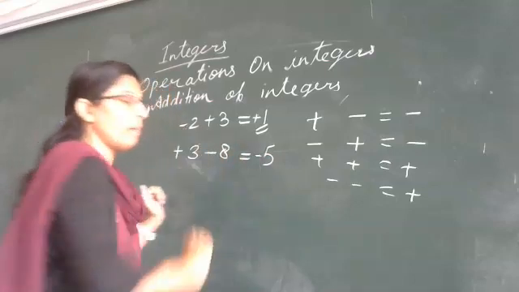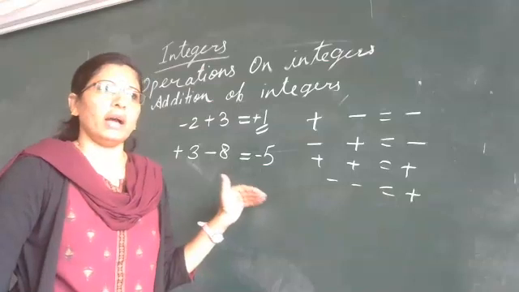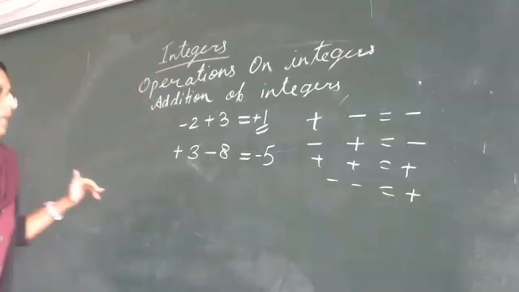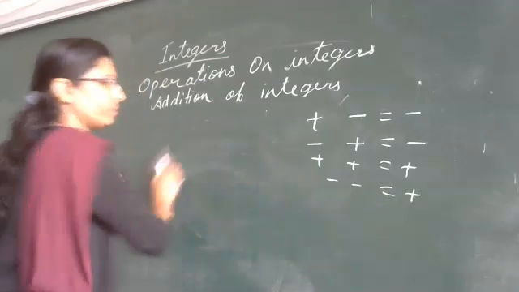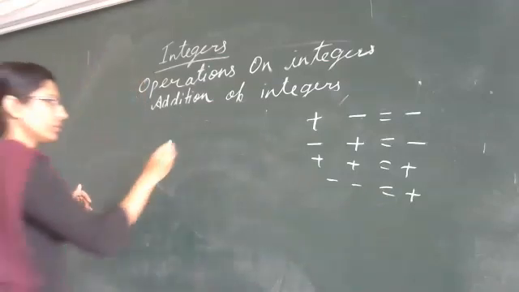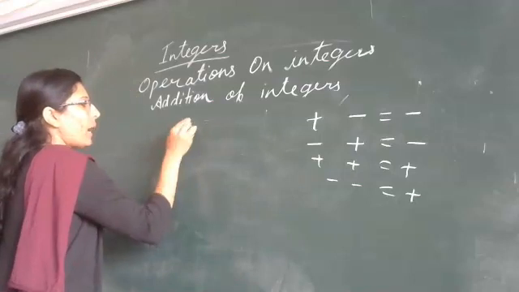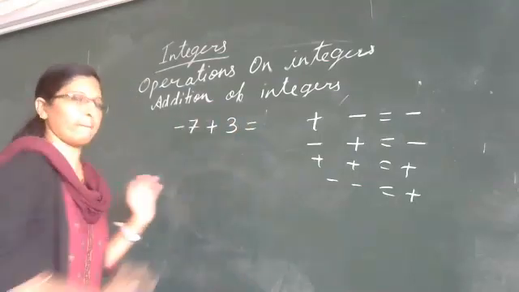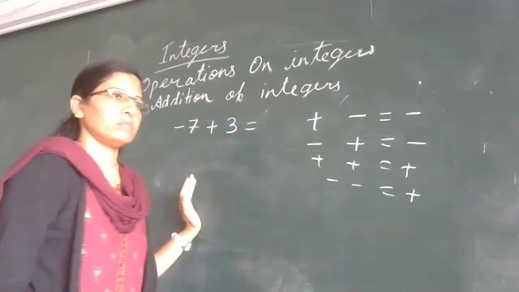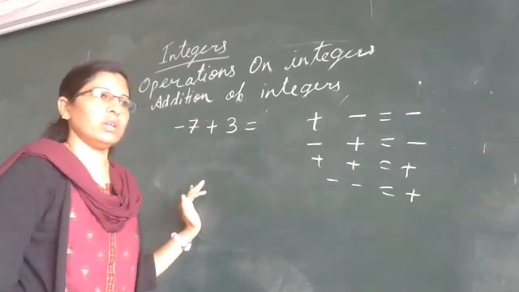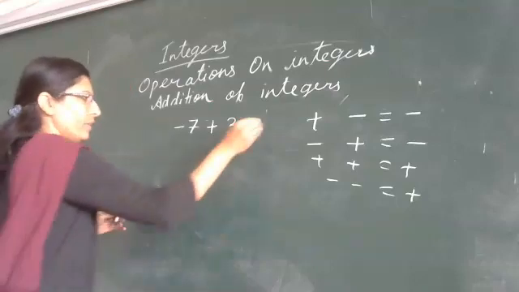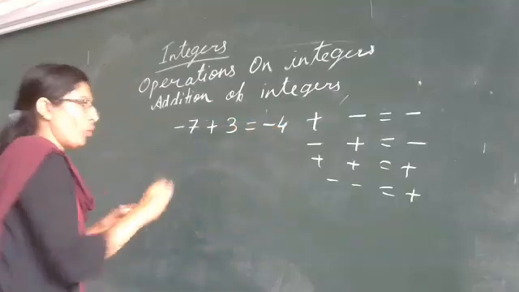So the answer will come minus 5. Understood? Yes, ma'am. Okay, I will ask you again some more questions. Minus 7 plus 3. Minus 4. Yes, very good. Minus 4.